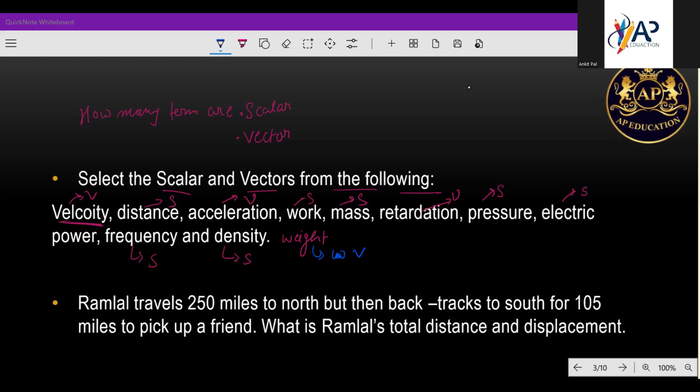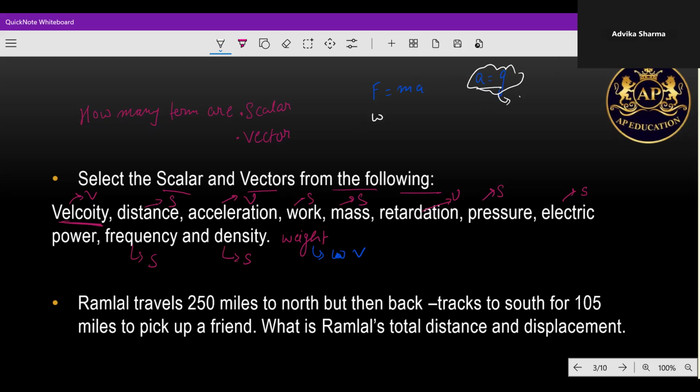We know that force is equal to ma, mass into acceleration. Acceleration can be written as g, the acceleration due to gravity. Weight is a force when we measure weight on a weighing machine.